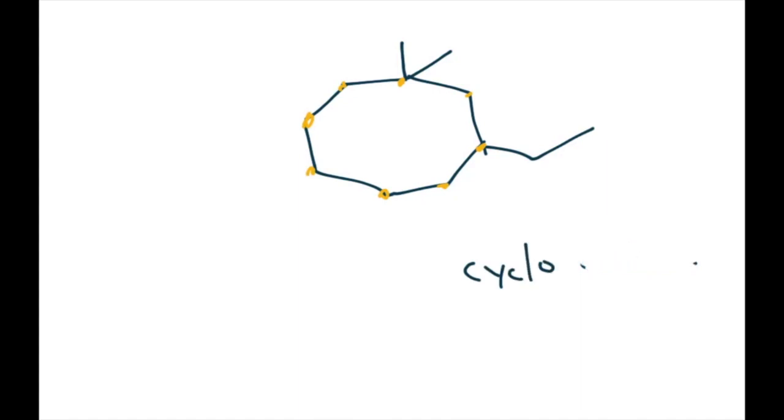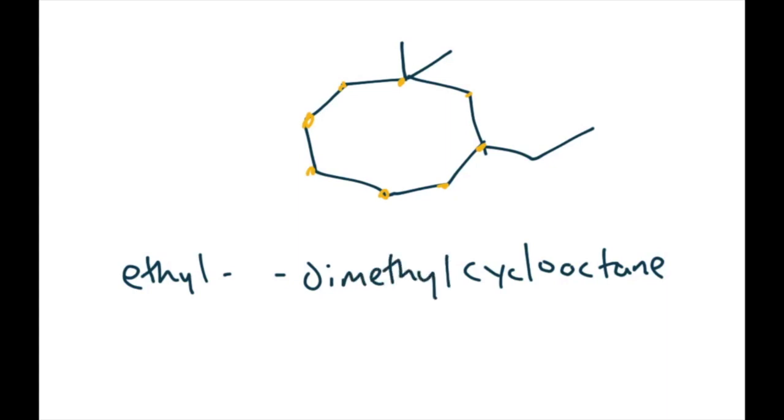What are my substituents? So we've got ethyl dimethyl cyclooctane. Now do I start numbering at the orange carbon, or do I start numbering at the blue carbon?